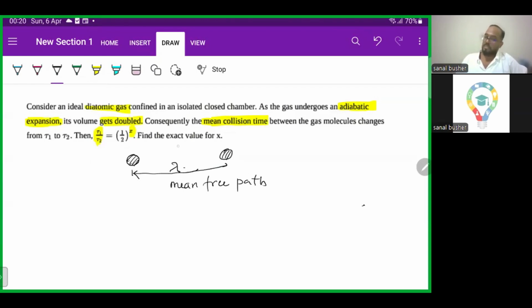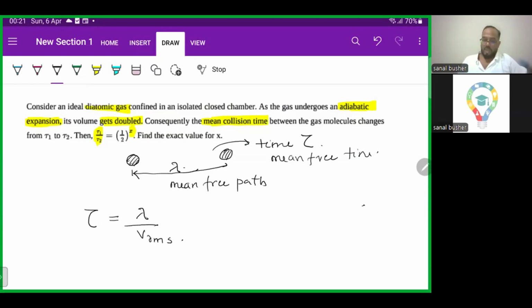And the time taken between two successive collisions is taken as tau, which is the mean free time. So how will you find tau? Tau is time, equal to displacement by velocity, right? So lambda upon Vrms.